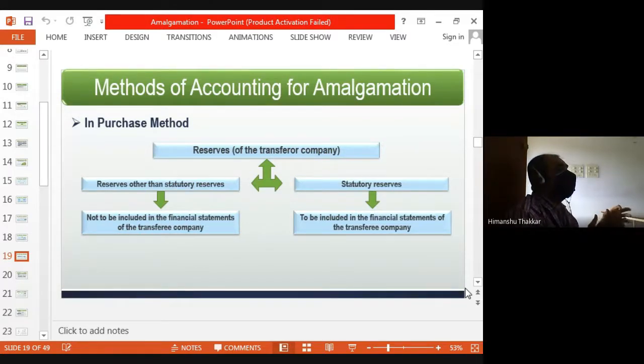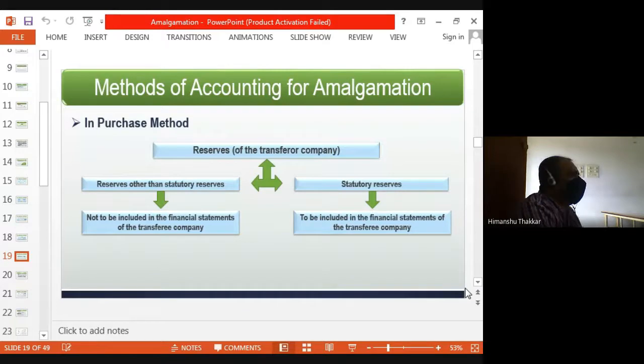Whereas there are certain statutory reserves which are compulsory, which are important, which have some name, which have some purpose. So you can have statutory reserves or reserves other than statutory reserves, like general reserve. So just like P&L, if the reserve is without any name, without any purpose, just ignore it. Don't take it in the new balance sheet.